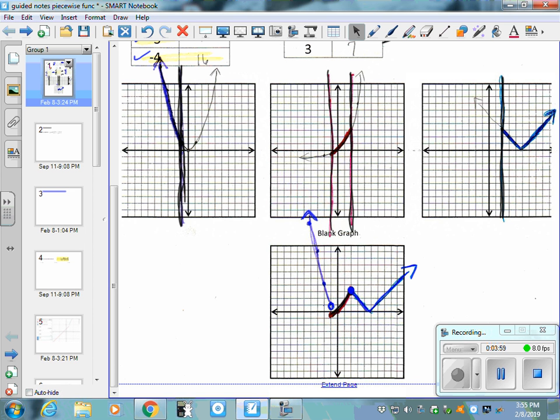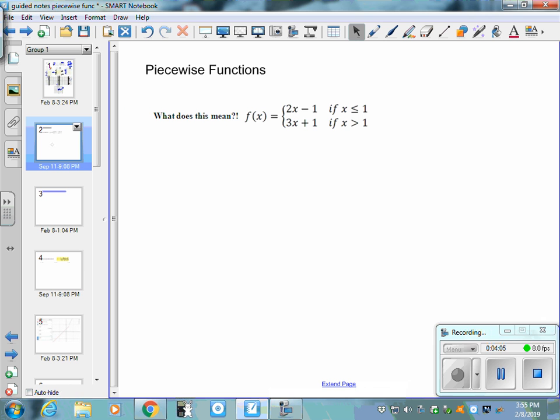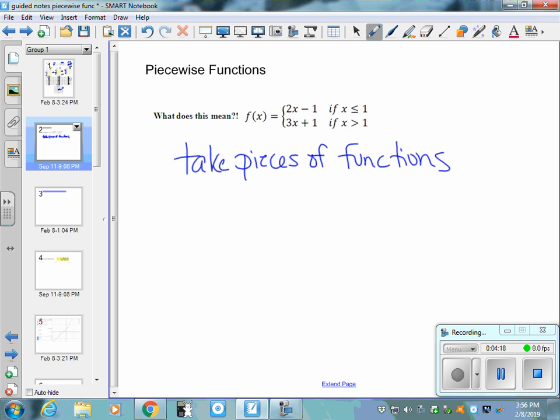We spent a lot of time today building this piecewise function. Then we went to these notes. What does this mean? Well, we're going to take pieces of functions that we're already familiar with, that we know, and create a new function.